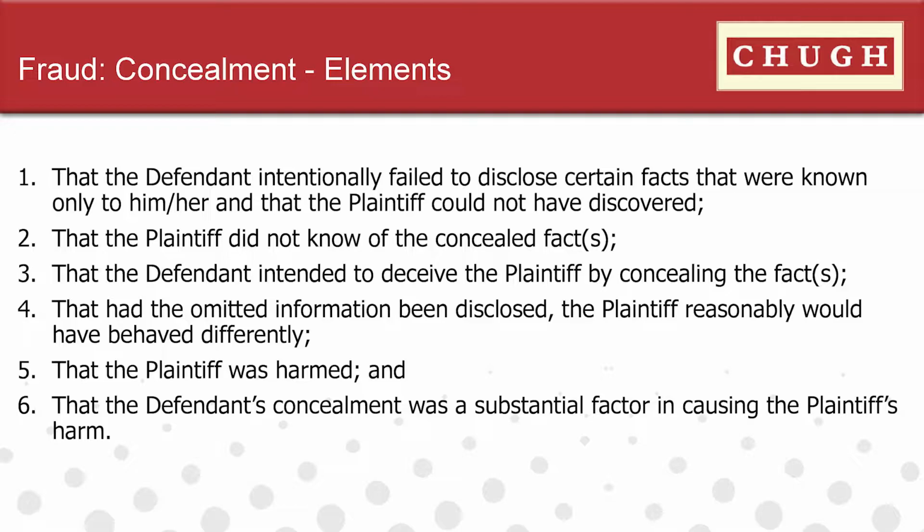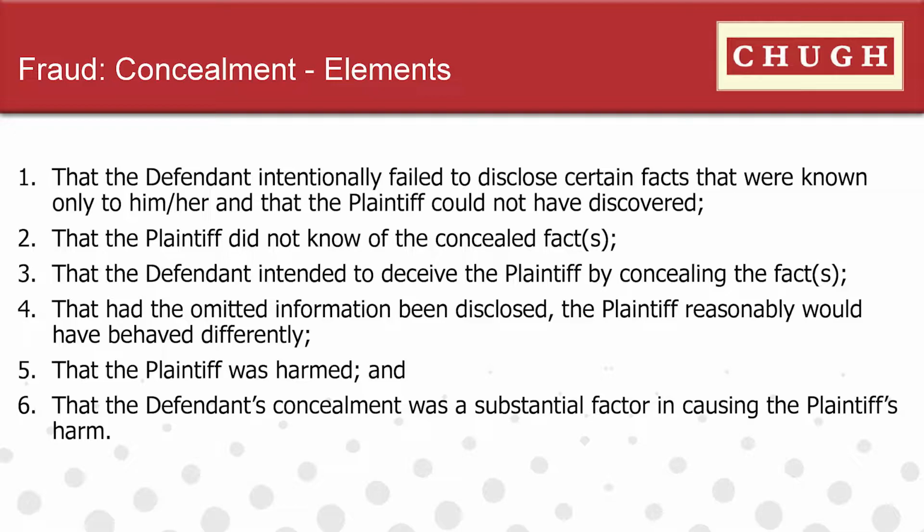Maybe there's something structurally wrong with the property. But what the defendant has done is maybe put up a wall in front of where the structural defect is. And if it turns out that the defendant put up the wall a week before the inspection, knowing that there was a structural defect behind that wall, then that's the tort of concealment.